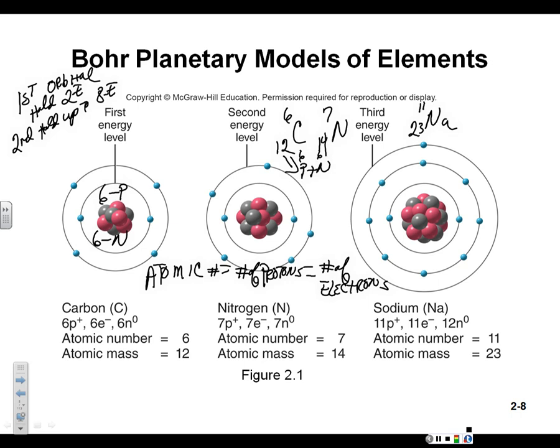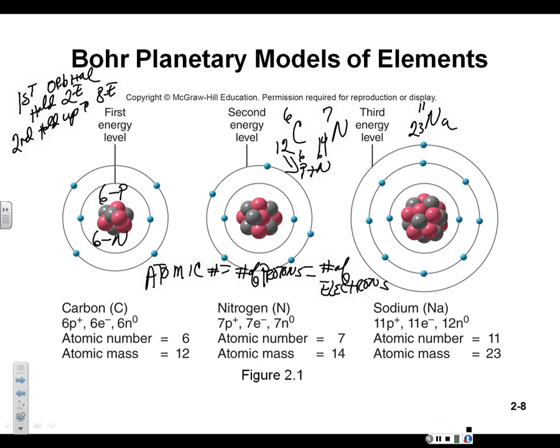So if carbon has 6 electrons, how many go in the first orbit? How many go in the second orbit? All right. What's the valence number for carbon? Yeah, because 4 means it needs 4 more to be what? Stable.